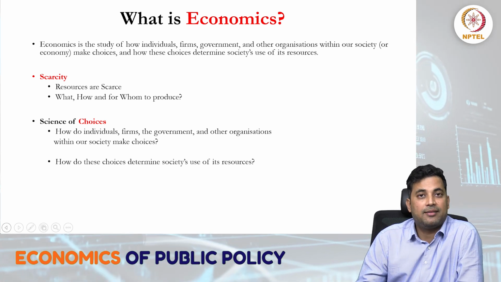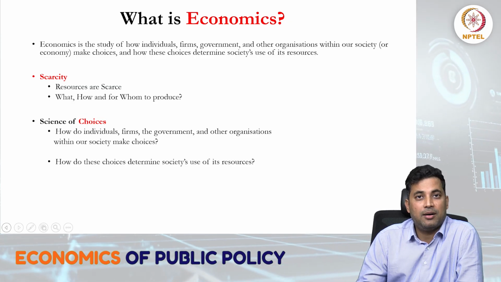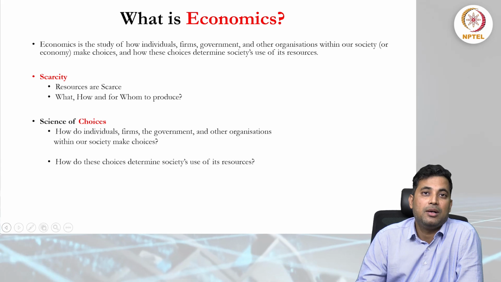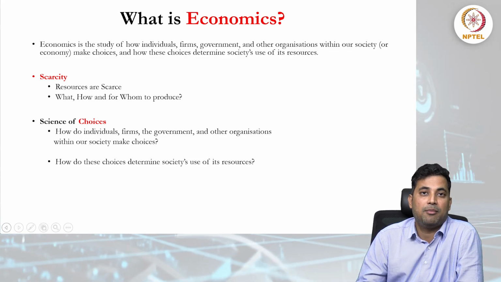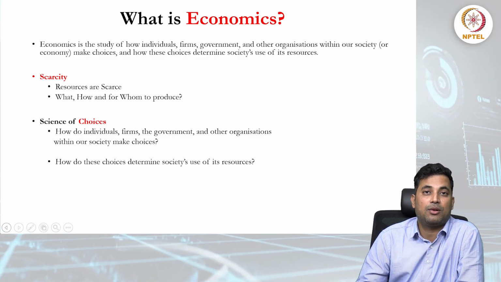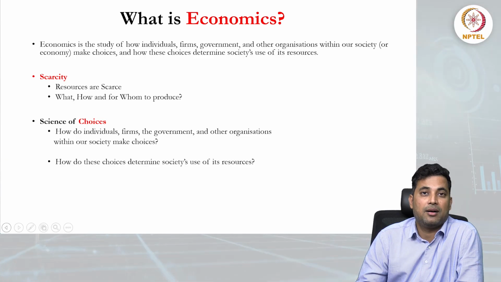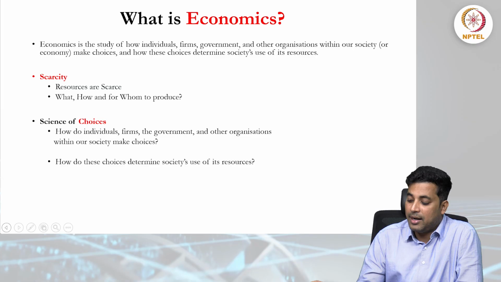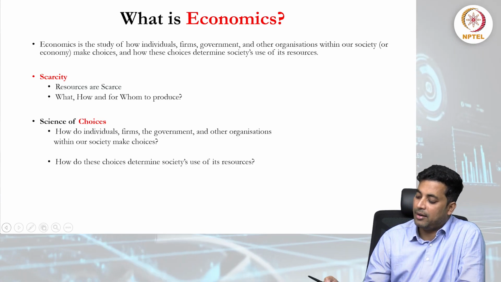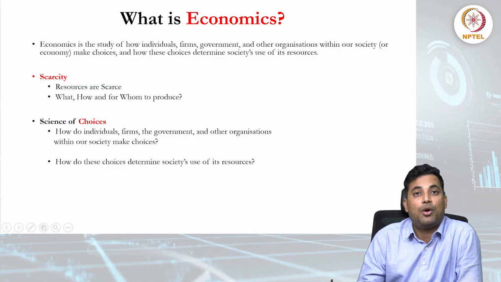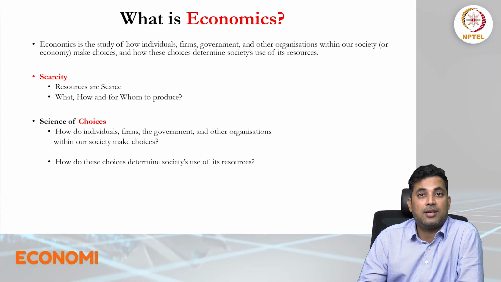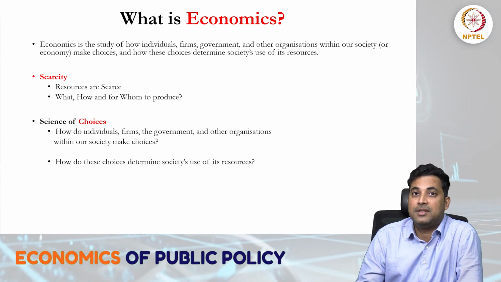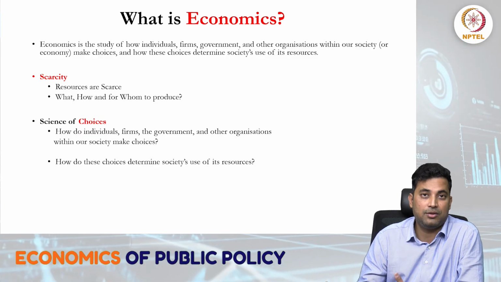A company also can decide what to make, like whether to make more televisions or to make, say, projectors. That is again a choice between two. And the government can also decide whether to spend more money on social infrastructure such as education or health, or build more roads or other physical infrastructure. Again, a choice between these two.